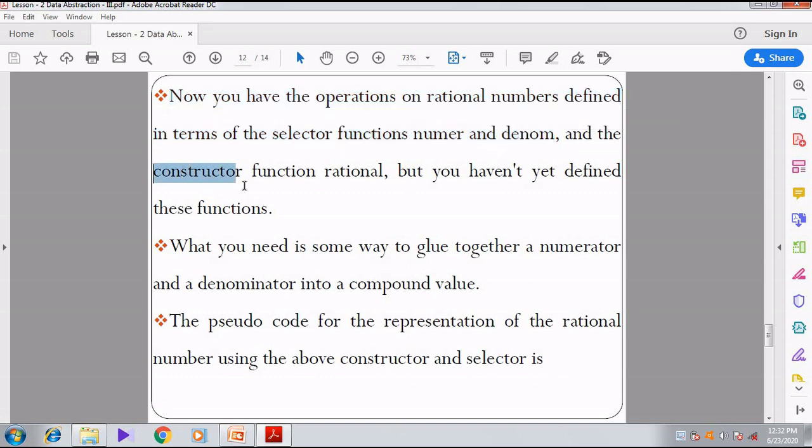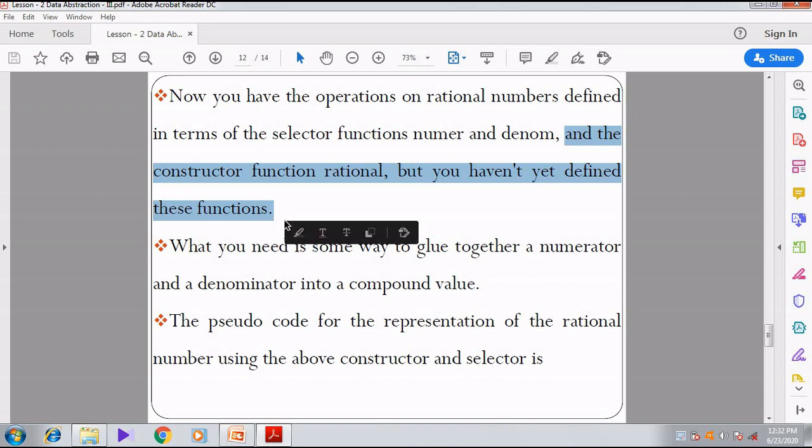And at the same time, the constructor function rational, but you have not yet defined these functions. Simply I am just giving, this is the constructor, this is the selector, that's all. I am not implementing the constructor function and selector function.